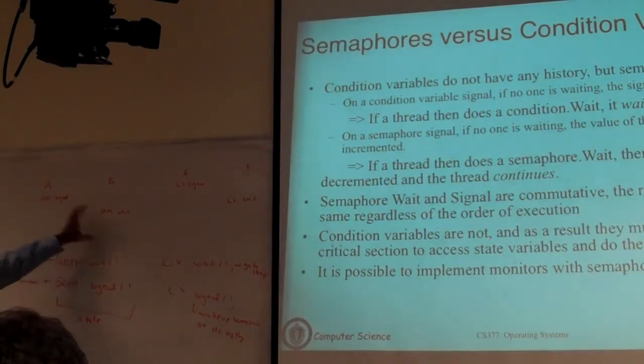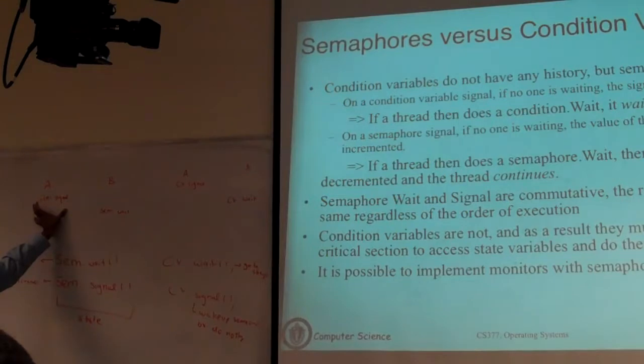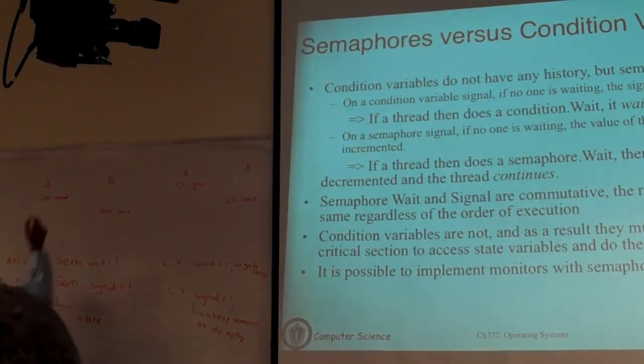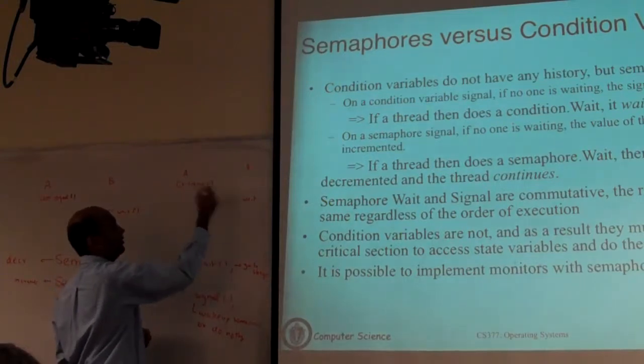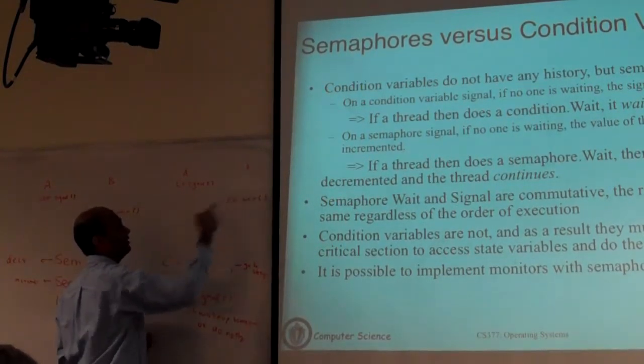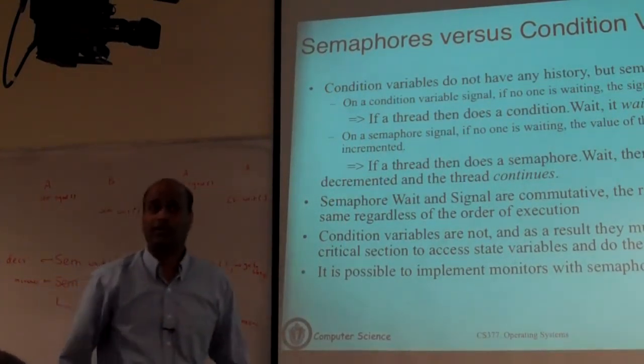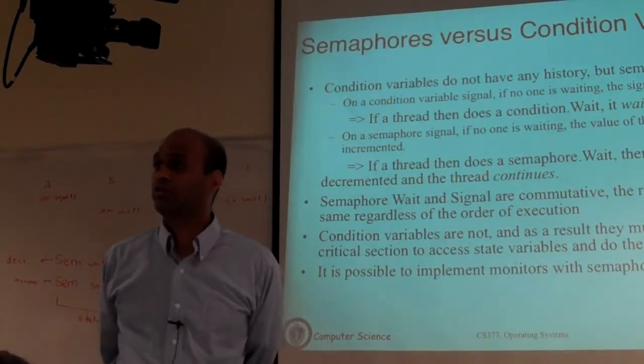Two threads, A and B. In the first case, thread A calls semaphore.signal, and then thread B calls semaphore.wait. In the second case, thread A calls condition variable.signal, and then you call condition variable.wait. The question is, what happens to these threads?